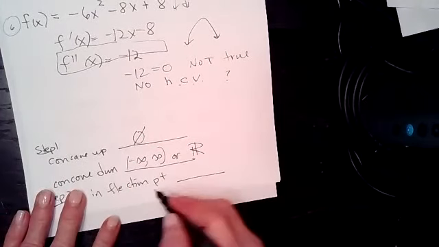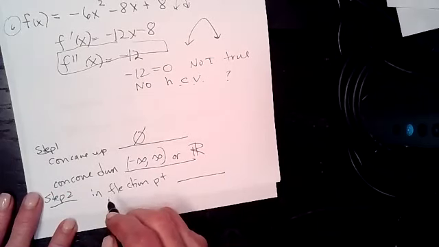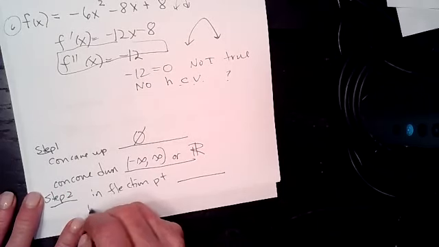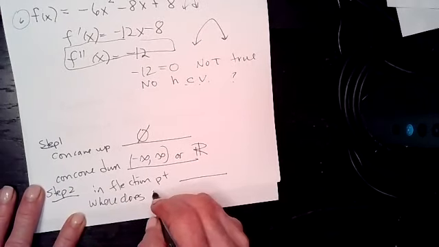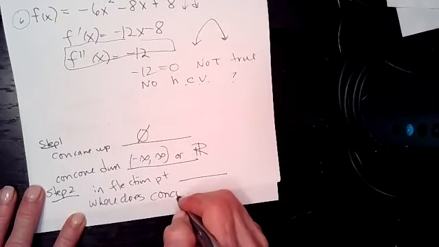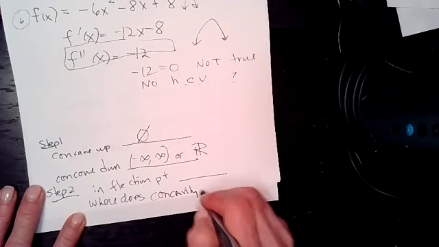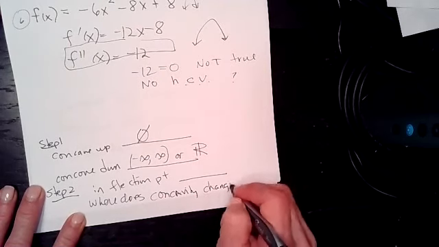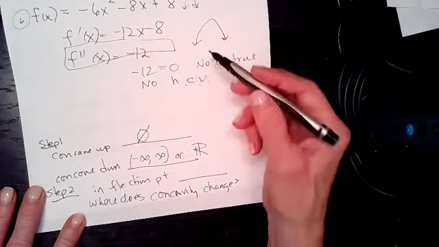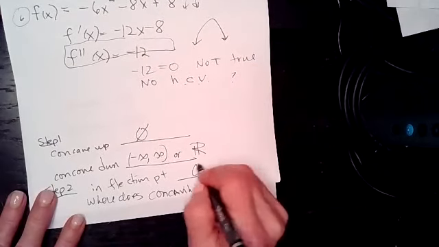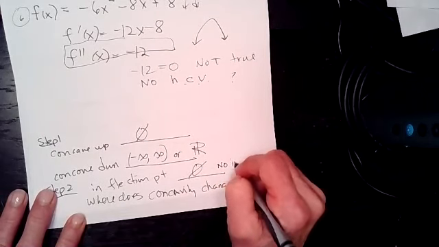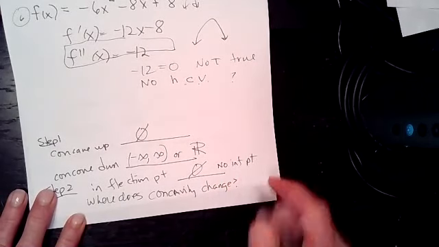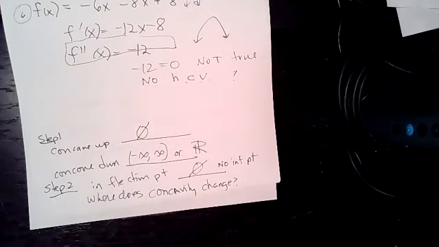Inflection point means the change in concavity. Where does it go from concave up to concave down? It doesn't, so there's no inflection point. I'm not sure if they want you to put this or this, but they both mean the same thing.